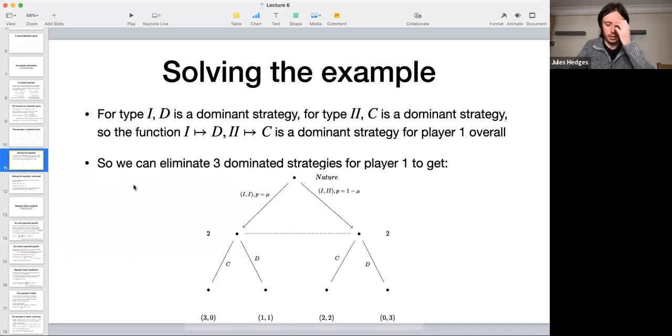So we get back this thing. Player 2 doesn't know the type, but they know that if the type is 1, then player 1 will definitely defect, and if the type is 2, then player 1 will definitely cooperate. And player 2 doesn't know, but they know the prior, which is that they are here with probability mu and here with probability 1 minus mu.